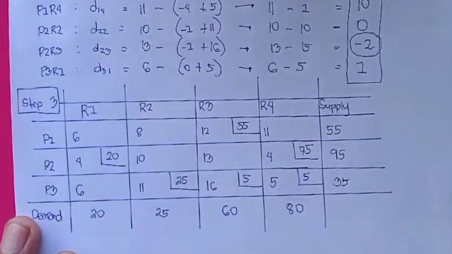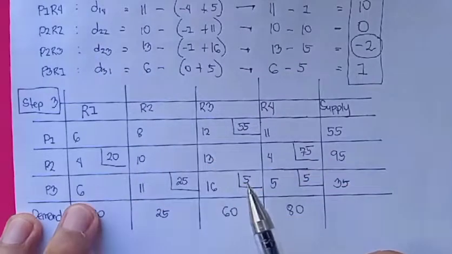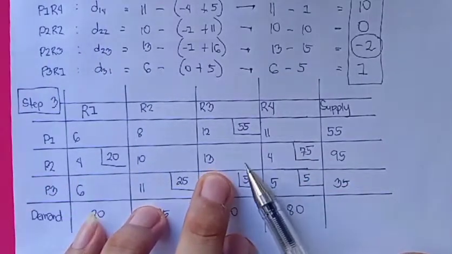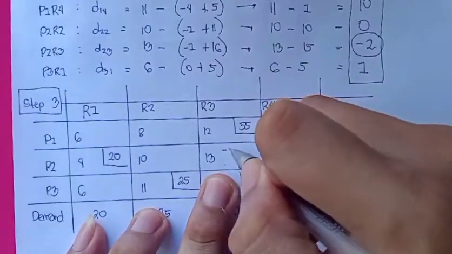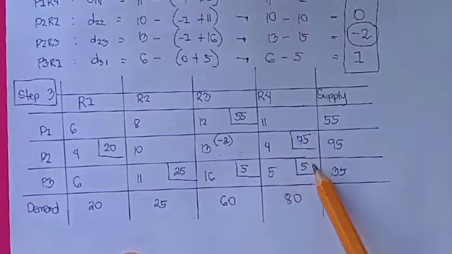Going back to the table, we need to locate the D23 in this cell. So we need to mark this cell. Now focus on allocated cells.